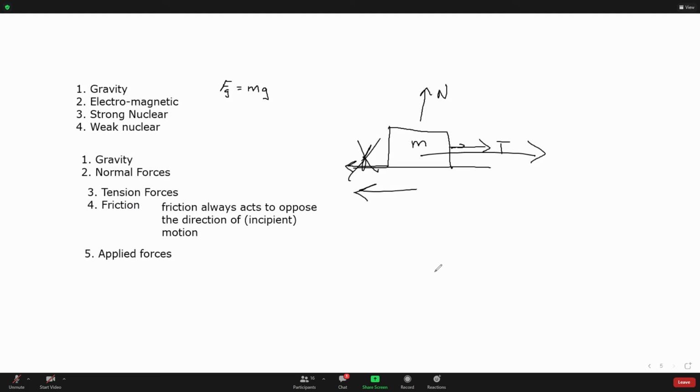So a problem in Mastering Physics might say, you attach a rope to a block and you apply a force of 10 newtons to the rope in the direction to the right. That 10 newtons to the right is an applied force. So you're applying it somehow with your body, with your hands usually.